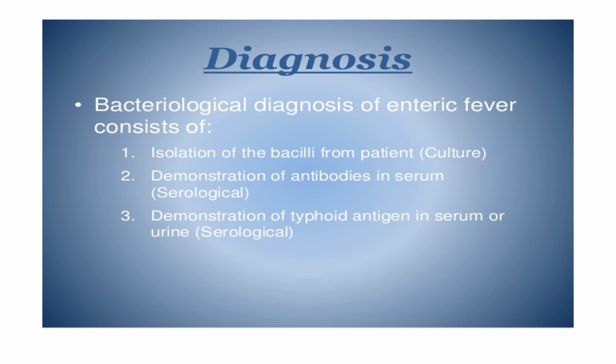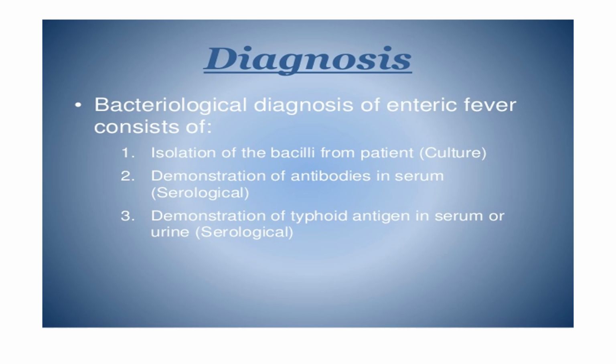Diagnosis. How will you diagnose the patient with typhoid fever? The ideal diagnostic gold standard is the isolation of bacilli from the patient, that is, in the form of culture.